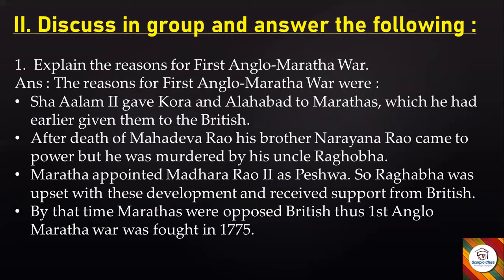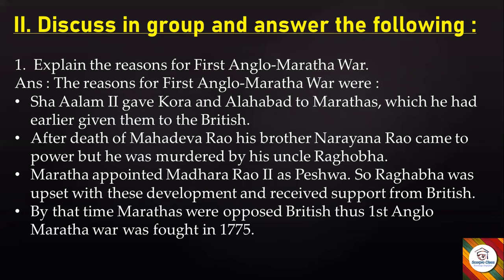The reasons for the First Anglo-Maratha War were Shah Alam II gave Kora and Allahabad to Marathas, which he had earlier given to the British. After death of Mahadeva Rao, his brother Narayan Rao came to the power, but he was murdered by his uncle Raghoba.